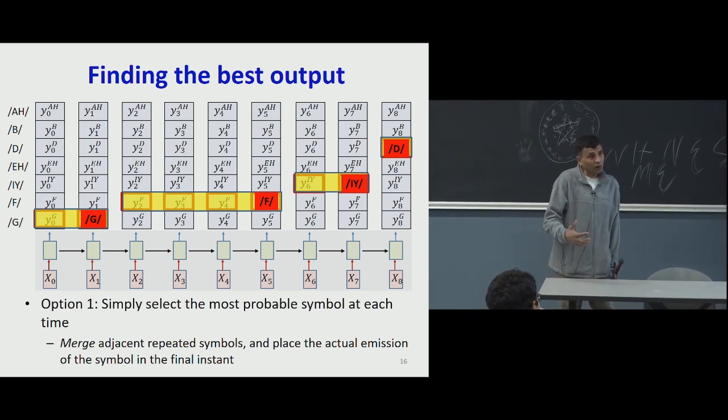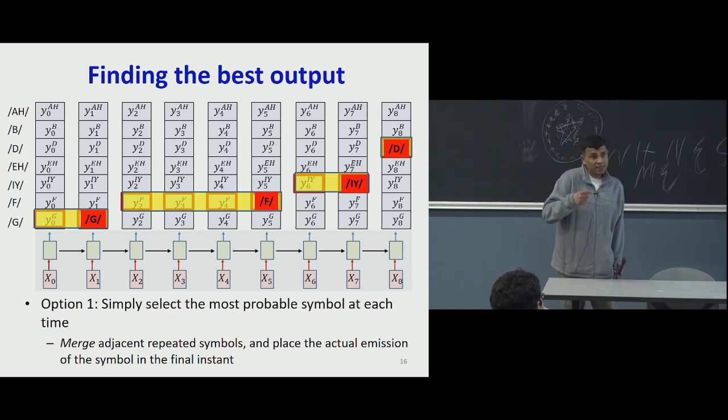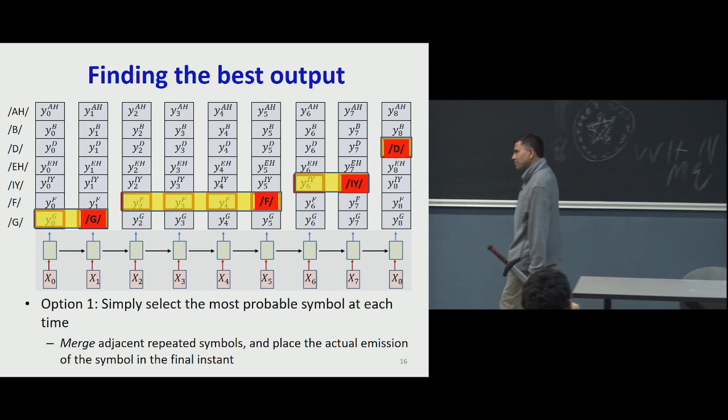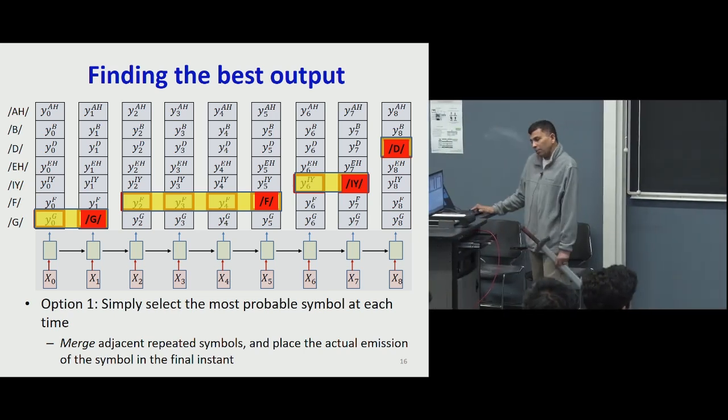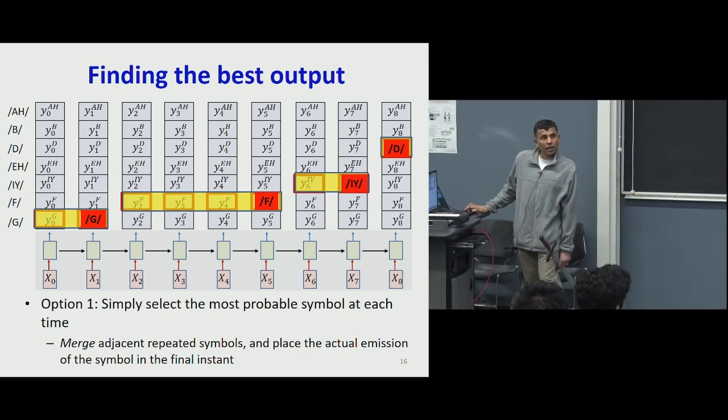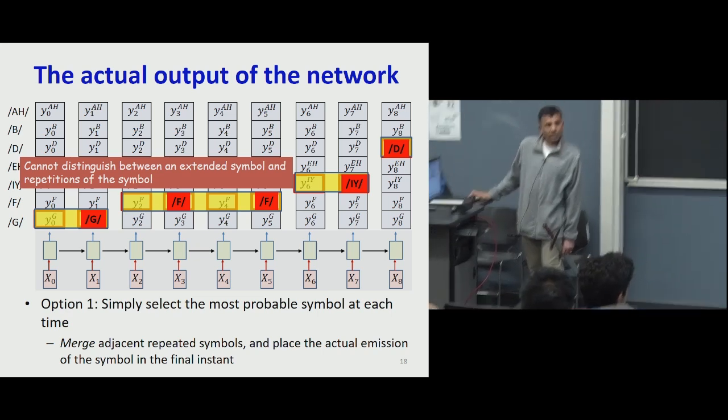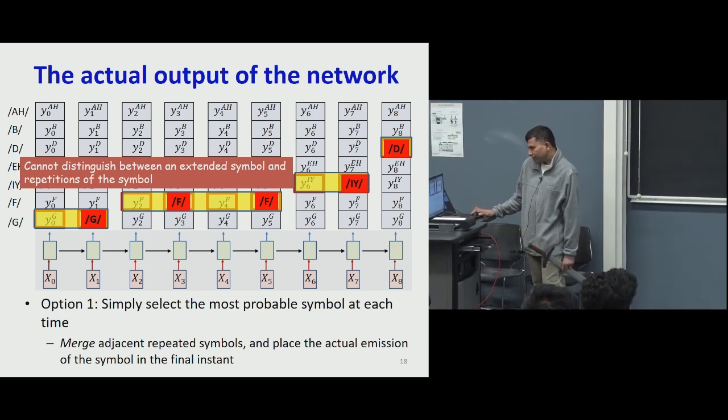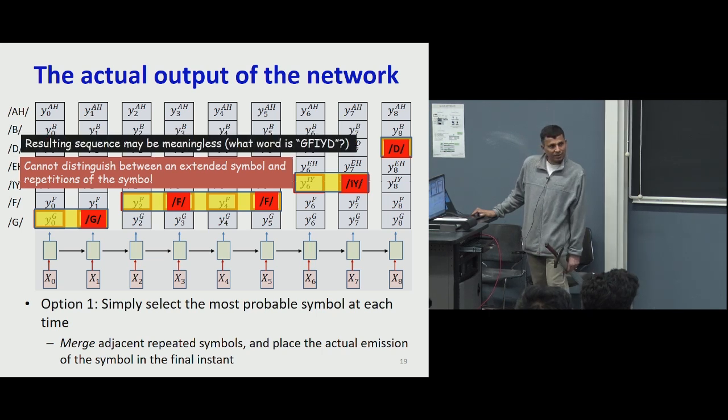Now I'm saying somewhat confident as opposed to sure, even though you're picking the most likely symbol at each time, and there is a reason for this. We will get to this reason in a few minutes. Now the problem here, of course, is that we cannot distinguish between repetitions of this kind, and also the output may be meaningless. We have no constraints.